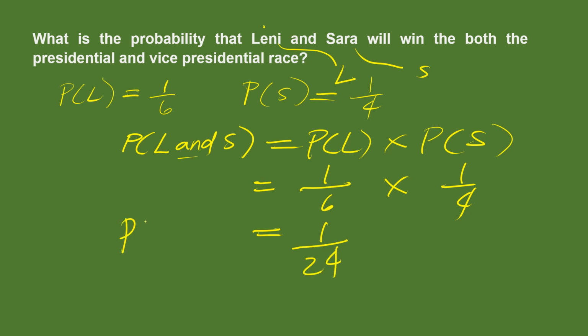This is the probability that both Sarah and Lenny will win the presidential and vice presidential election. If we convert it into percentage, 1 divided by 24 is approximately 4.17%. There is a 4.17% chance that Sarah and Lenny will be elected as our new president and vice president.